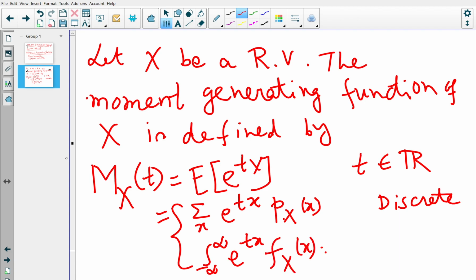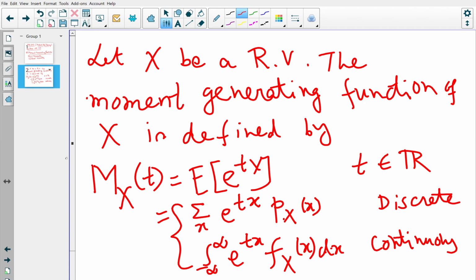Clear? So by definition the moment generating function is the expectation of this new random variable, e power tX.